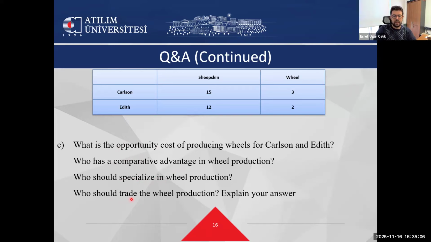Okay, so let's look at the first one. What is the opportunity cost of producing wool for Carson and Edith? And they ask the comparative advantage for wool, specialization in wool, trade in wool. The question asks wool.